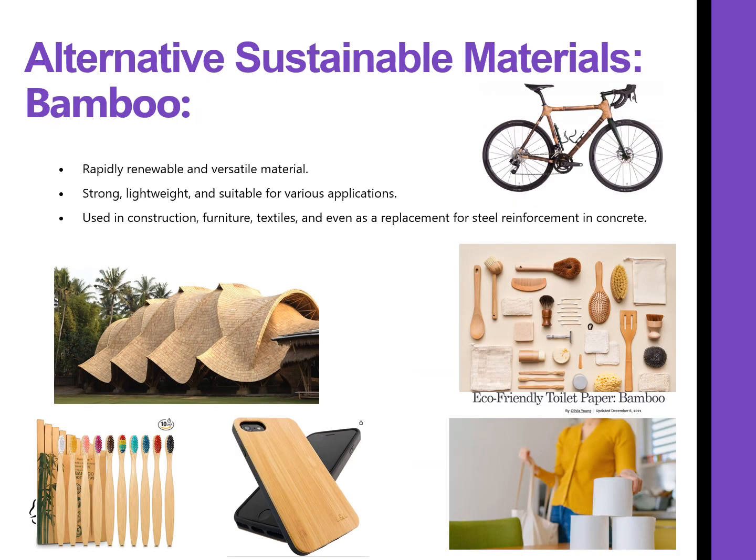One that I personally like is the use of bamboo. It grows extremely fast. It's extremely strong, and is used in manufacturing, the construction industry, even bike frames, and it's so flexible that it can be used in construction, furniture, textiles, and even as a replacement for steel reinforcement in concrete.